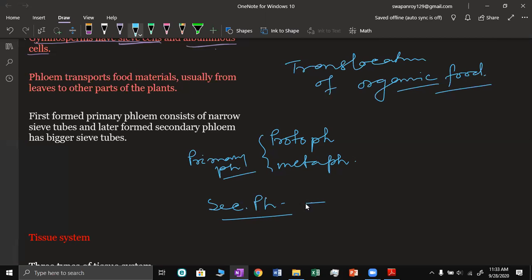Secondary phloem is formed later on in the gymnosperm, and in dicots only after secondary growth.